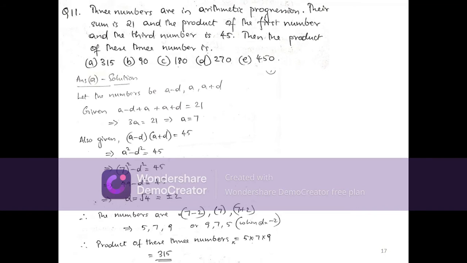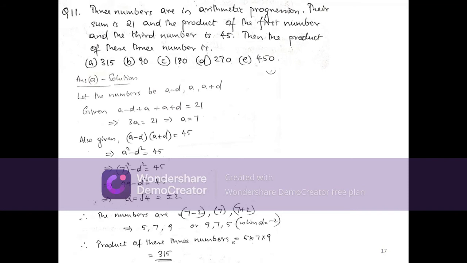So we have the middle term equal to 7. According to the question, A minus D into A plus D equals 45. This is of the form A minus B into A plus B, which is equal to A square minus B square. So A minus D into A plus D will give A square minus D square.